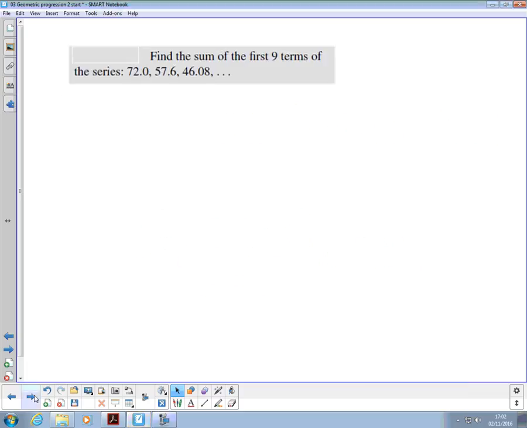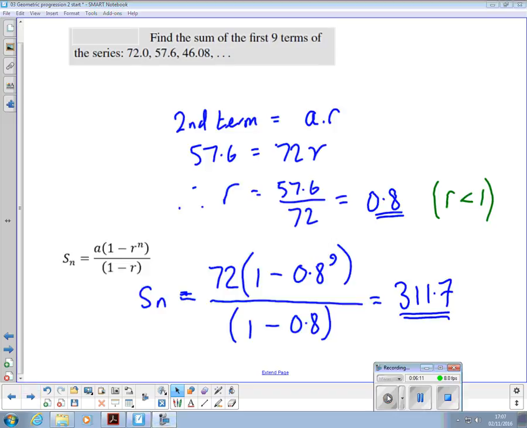Next slide has got another example, perhaps where the common ratio R is a little bit more difficult to determine. Right guys, so again there, where it's a little more difficult to see what the common ratio is, we find that by looking at the second term, we know that's A times R, we rearrange that and eventually we can find the ratio.